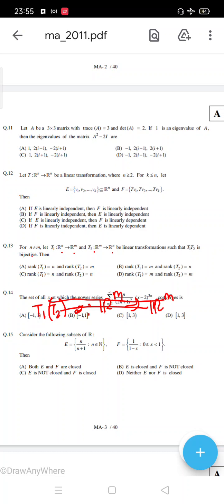Seems a nice question. Rank of T1 T2 is equal to m.